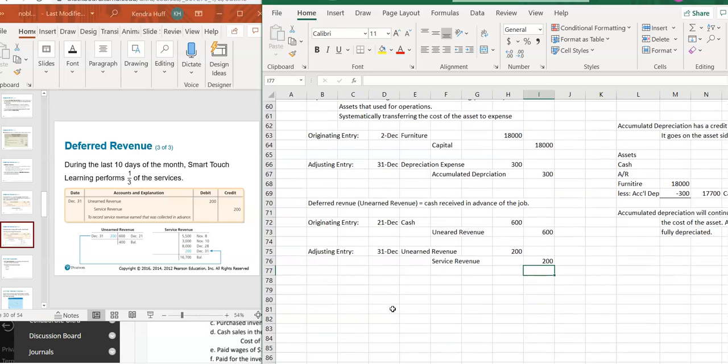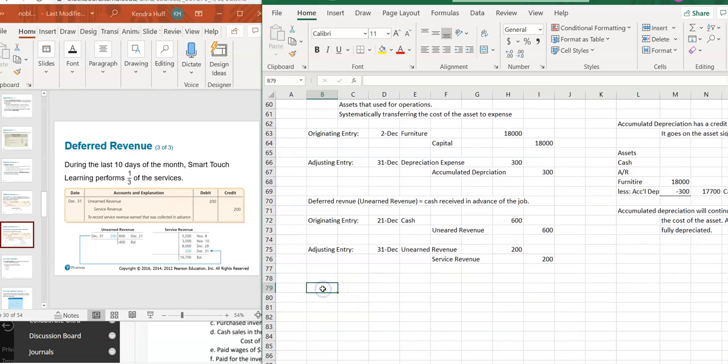So continuing on with adjusting entries. Next up are accruals. Let me find it.